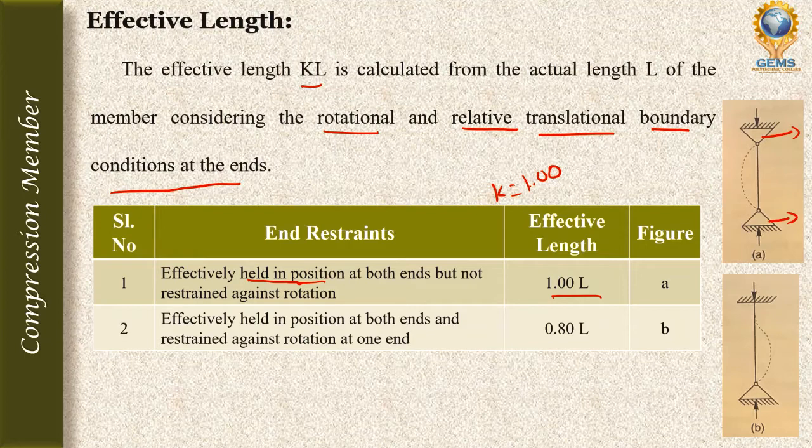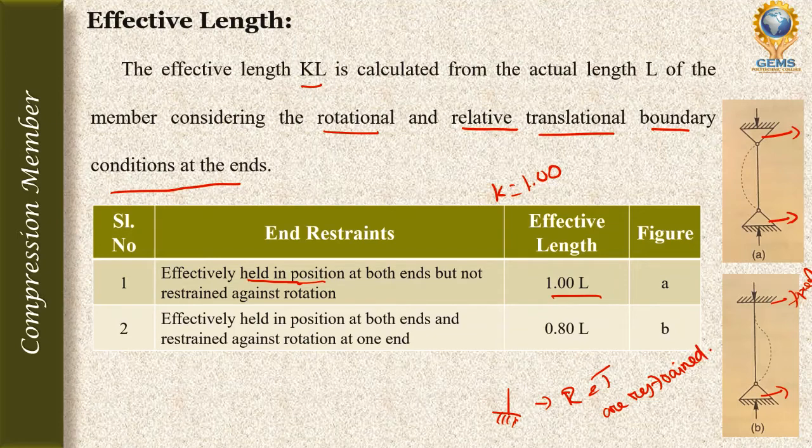Second is effectively held in position at both ends and restrained against rotation at one end. In diagram D, see here, one end is a hinged joint, a pin joint, and the other is a fixed joint. In this fixed end condition, both rotation and translation are restrained.